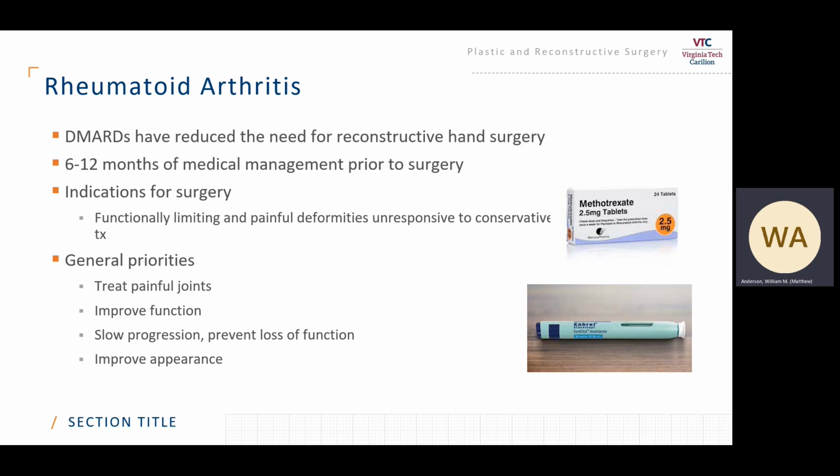Number three, slow the progression of the disease or prevent loss of function. And then number four, lastly, improvement in appearance, although patients should understand that this is never an indication for operative intervention in rheumatoid arthritis.